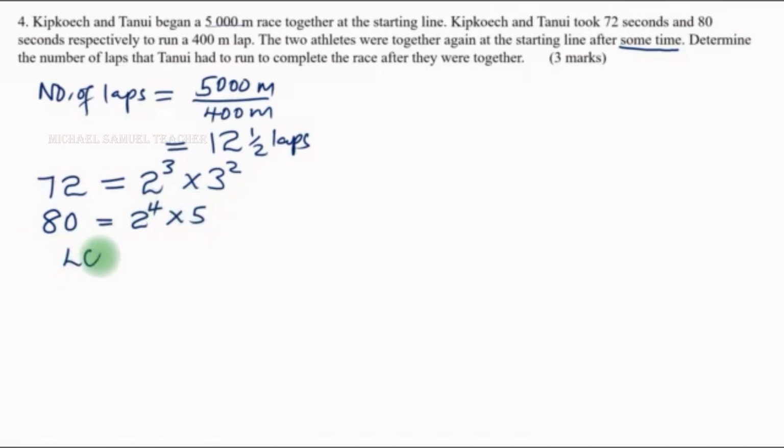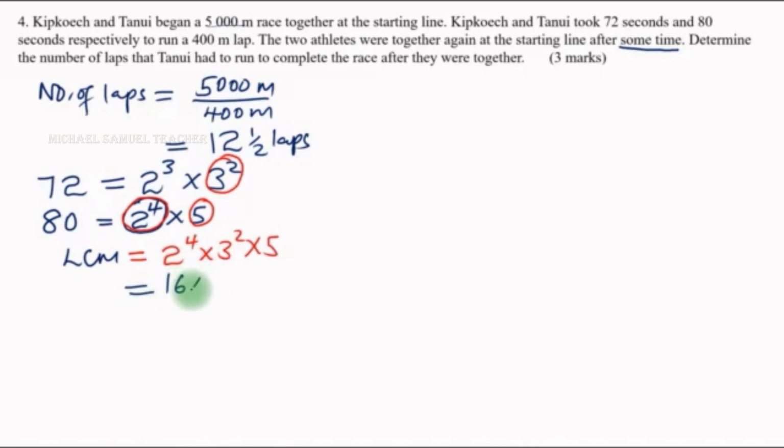For us to get the LCM, take the common number with the highest power, so 2 to the highest power, and also we take 3 squared and 5. So the LCM in our case will be 2 raised to 4 times 3 raised to 2 times 5. If you work it out, this is 16 times 9 times 5, so this will be 720 seconds.